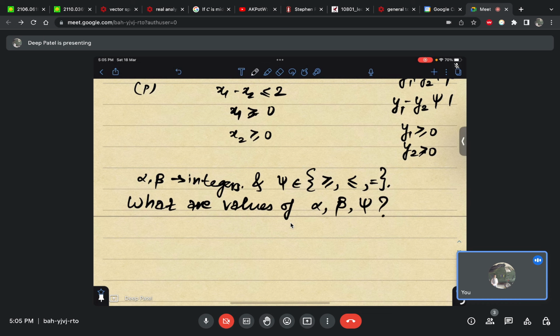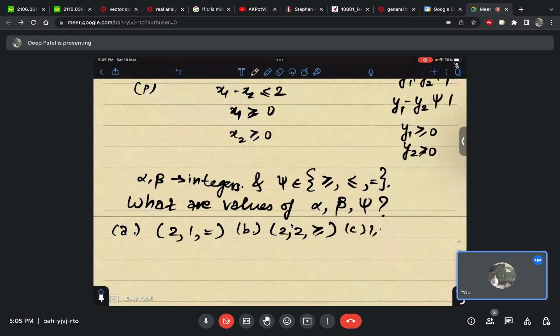And the options are: 2 1 equal to; 2 2 greater than or equal to; 1 2 greater than or equal to; and the last option is 2 2 less than or equal to.